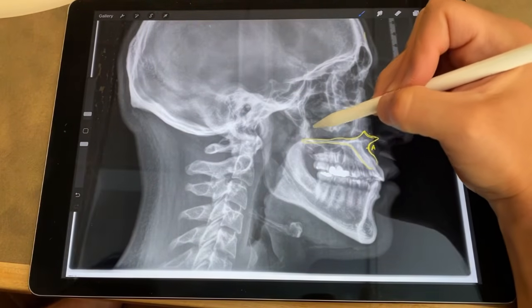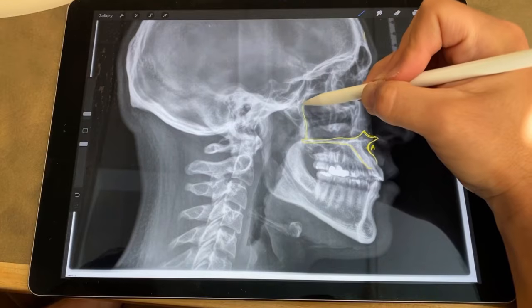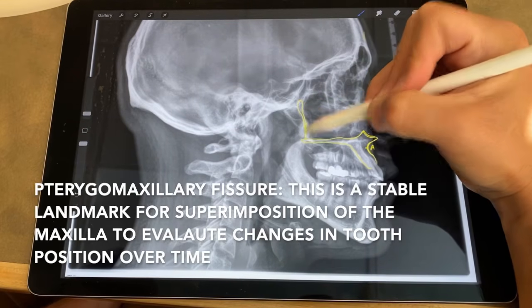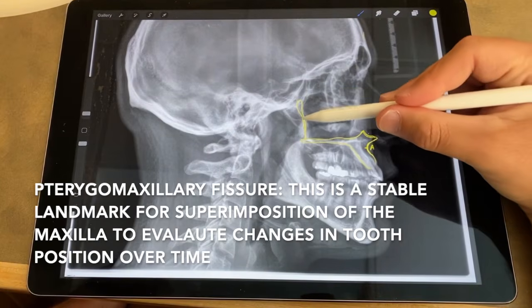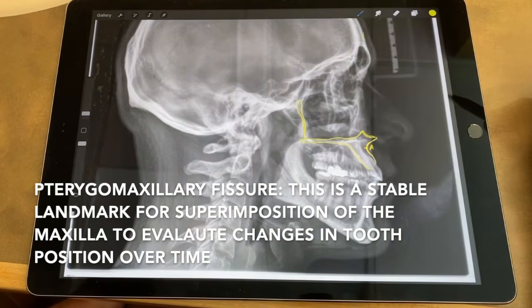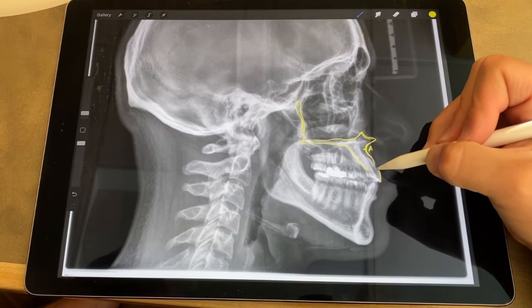Now from our head and neck anatomy, you remember your pterygomaxillary fissure right here. It kind of looks like a little teardrop that's really elongated, and everybody has it. It's an important landmark, so we trace that on everybody. And then for the teeth, you want to go ahead and just trace.